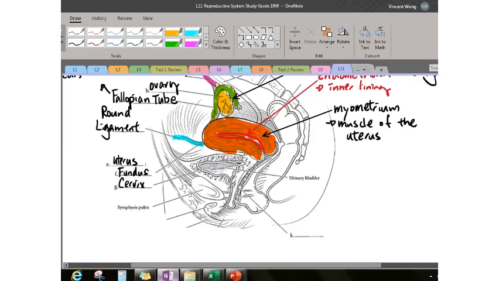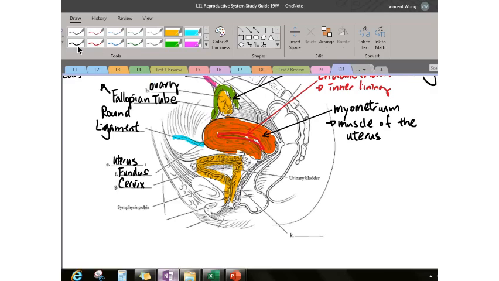So we're going to skip some of these labels. Over here, you can see the urinary bladder. In the earlier units, the urinary bladder is below the uterus. So again, when the baby is growing, it will be pushing down on the urinary bladder, increasing the urge to urinate.